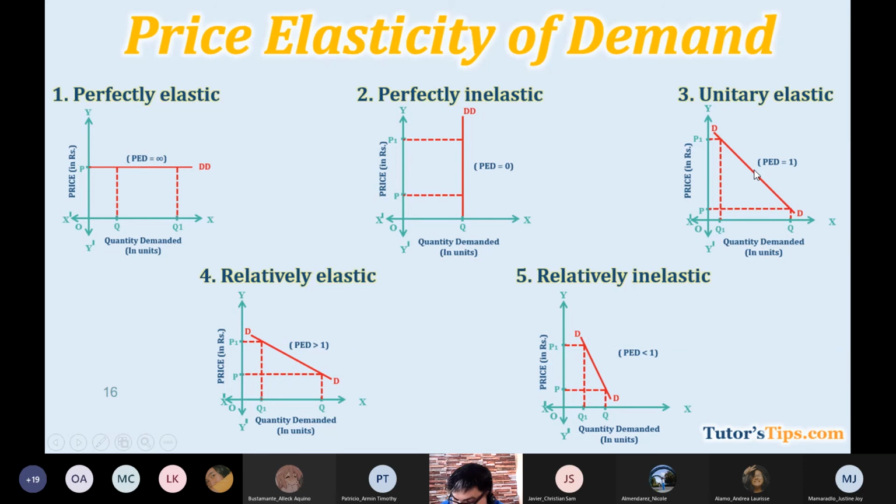Here, a price increase leads to a decrease in quantity demanded, pero constant pa rin yung expenditure mo. So, ibig sabihin, nung tumaas yung presyo ng baboy, same pa rin ang paggastos, yung expenditure mo.